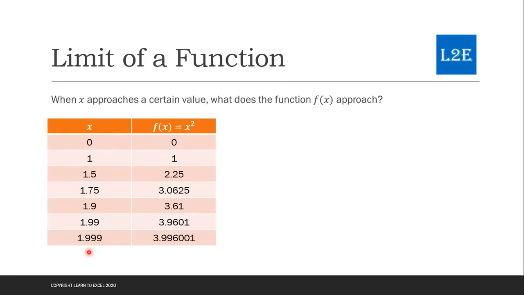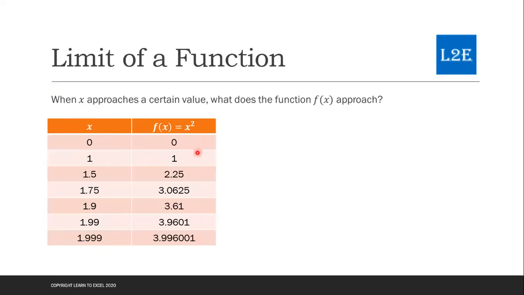The first thing you notice is that I don't have 2 in the table, right? So the word approach is important. I did not say what happens to f of x when x reaches 2, or if x is equal to 2. The key word here is approach. So I'm approaching 2 on the left-hand side, and as I'm approaching 2, I note down what the value of x squared is.